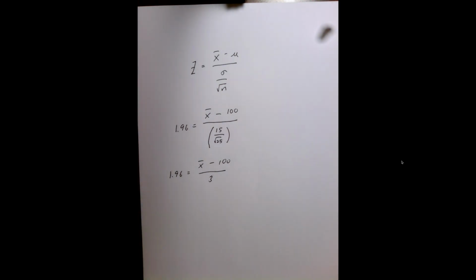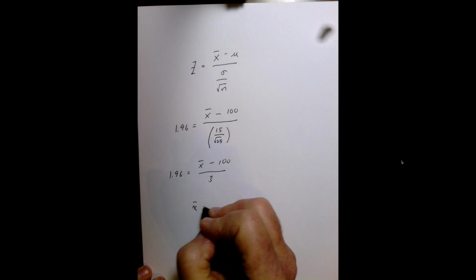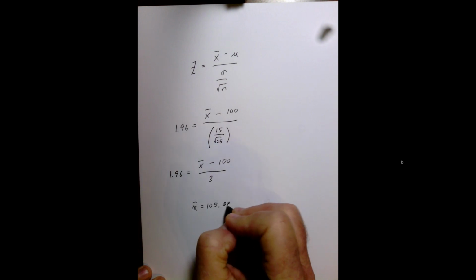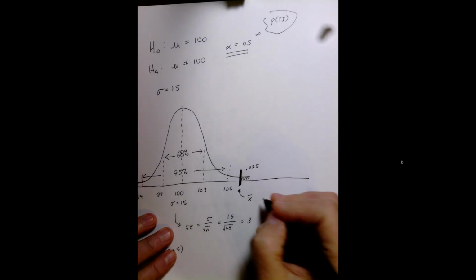So we can put that very quickly into our calculator. And it looks like this x bar is going to be 105.88. Don't you wish it would stay this easy?